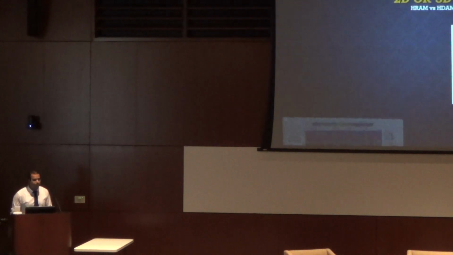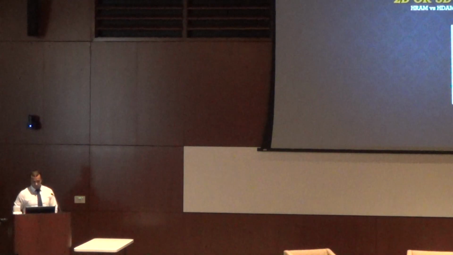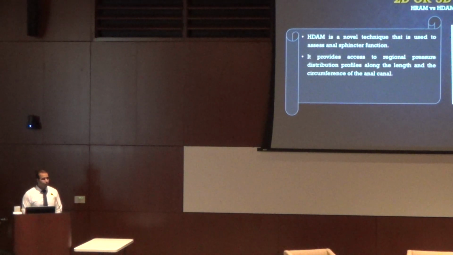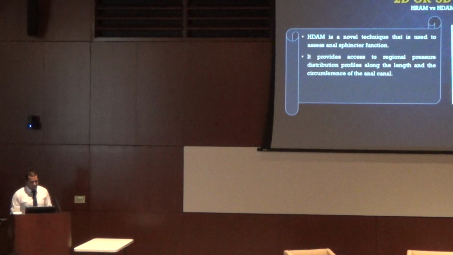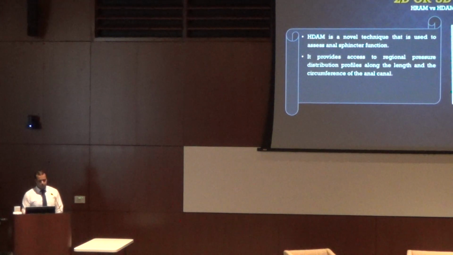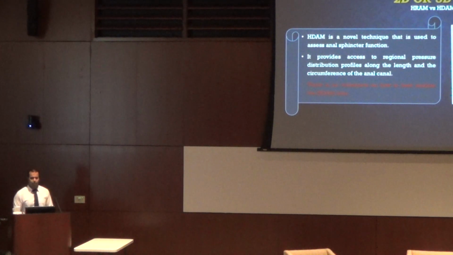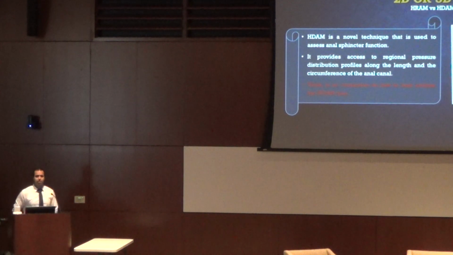That's where high definition anorectal manometry comes in. It's relatively novel and overlooked, but it allows access to regional pressure distributions along the length and the circumference. However, as we heard from our fellow colleagues, there is no consensus as to how to best analyze it. This is where we come in.